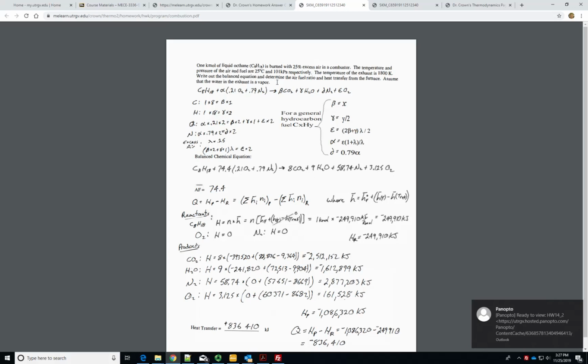In this case, we have 25% excess air here, so lambda is 0.25 divided by 2, and then we can find alpha from our epsilon, or you can find that directly if you want. Then delta is 0.79 alpha. So this is in a general sense for any hydrocarbon fuel.